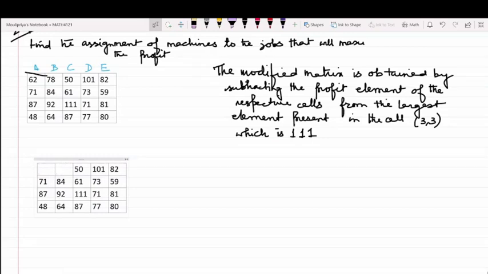That much would be enough. I will assume that you people have understood. All the elements will be obtained once they are subtracted from the largest element present, that is 111. So how do we get the first element? It's 111 minus 62, which is 49, correct? 49. So in this manner, we have to fill up the remaining elements.